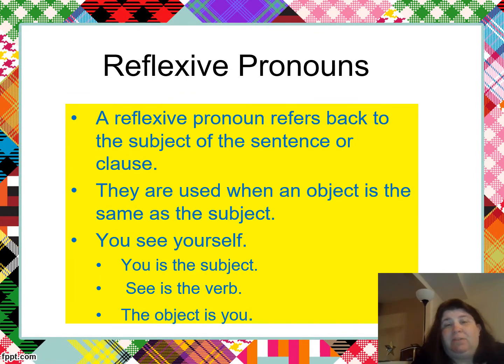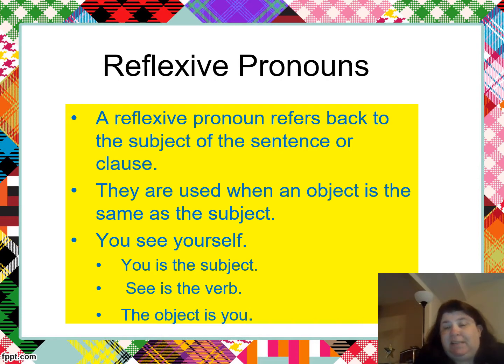Then we have what's called reflexive pronouns. A reflexive pronoun refers back to the subject of the sentence or the clause. Just think of it as kind of like a reflection. A reflection mirrors another object. And so a reflexive pronoun refers back to the subject. They're used when the object is the same as the subject.